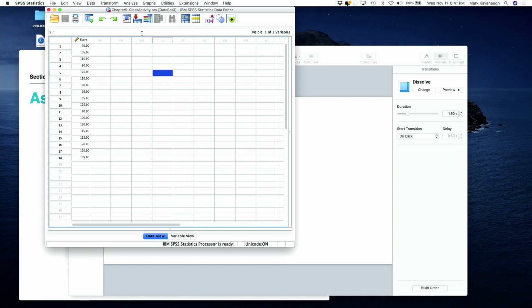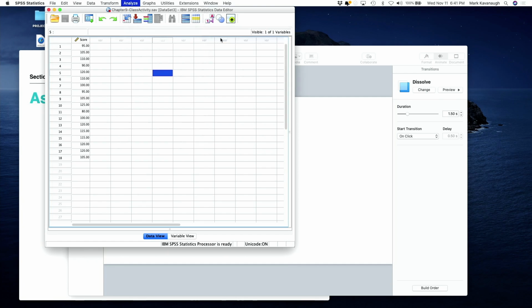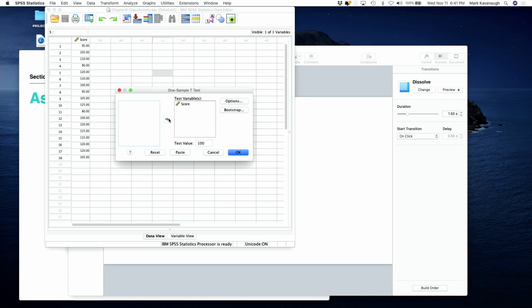And the steps for this is I go to Analyze, and I go to Compare Means. Now it's comparing the mean that I got to a hypothetical mean when we're using a one sample t-test. There's still a comparison going on. So I just go over to one sample t-test. And I only have one variable.